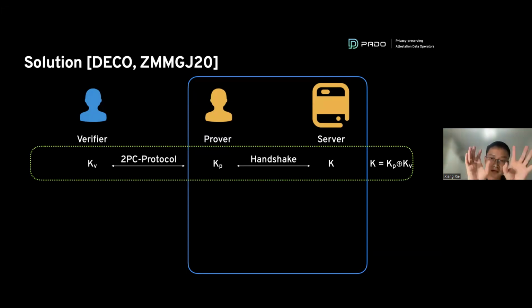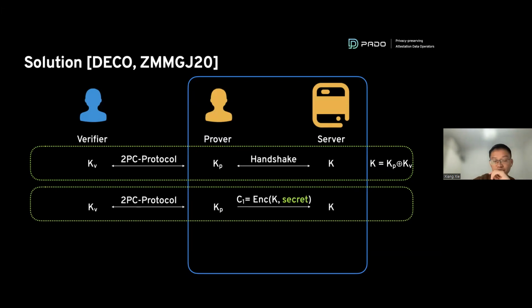And the server, yes, nothing has changed for the server. The server has the session key K, and K_P and K_V are shares of K. This means that the prover cannot control the TLS session or the TLS channel by himself, because he only knows a share of the key.